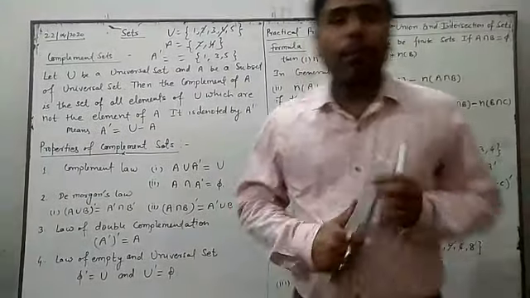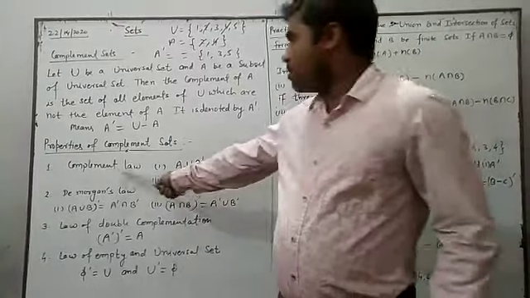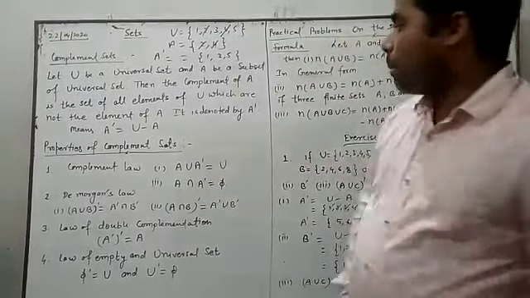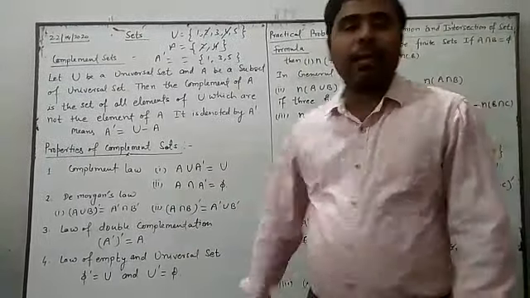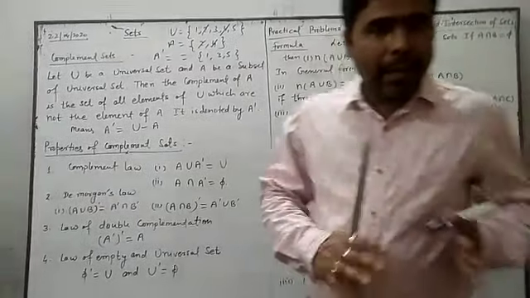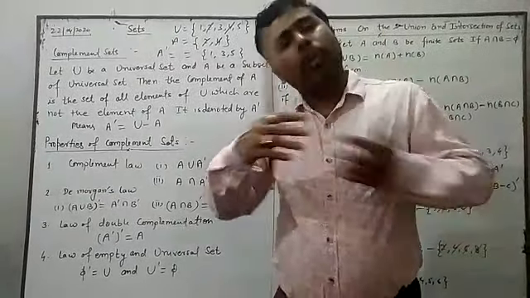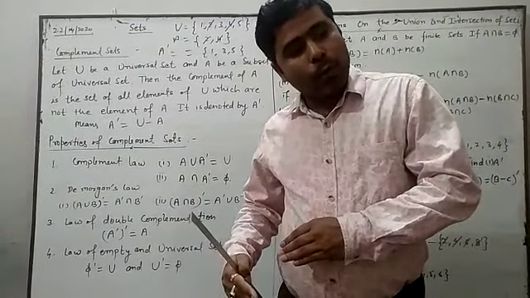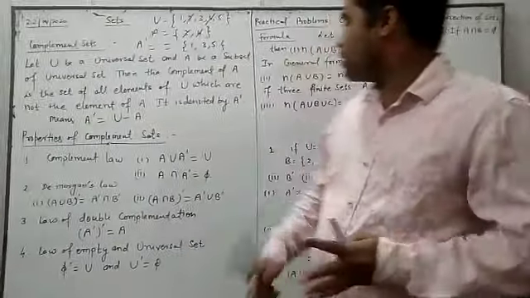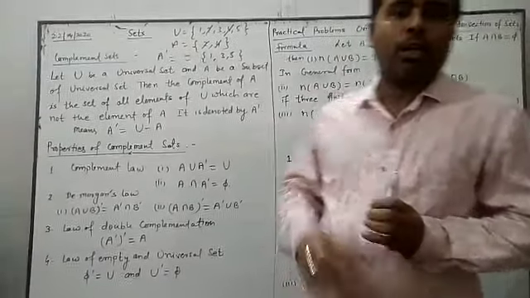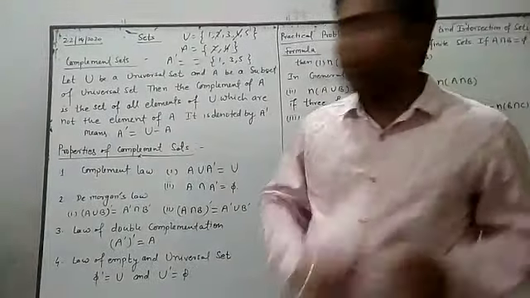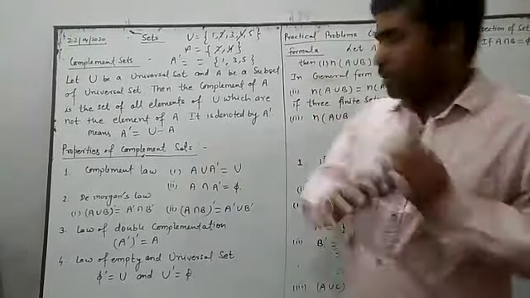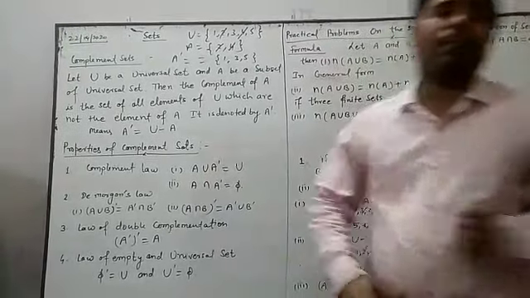Now, properties of complement set. First one is the complement law. It means for a set A and its complement of A, the union of both values is U, the universal set, and the intersection will be phi.